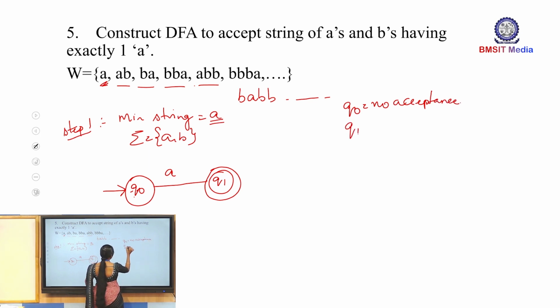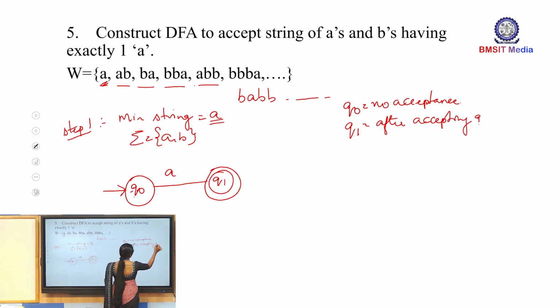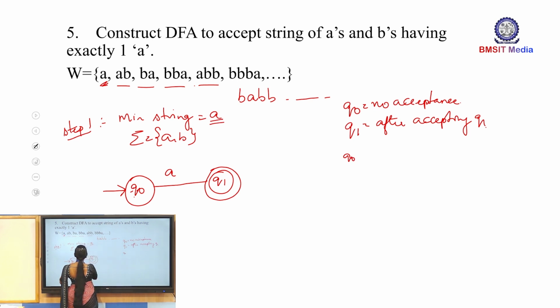When I reach Q1, this is after accepting A. Now I'm in Q0, right? And what happens if you see a B? Should this be accepted or not?